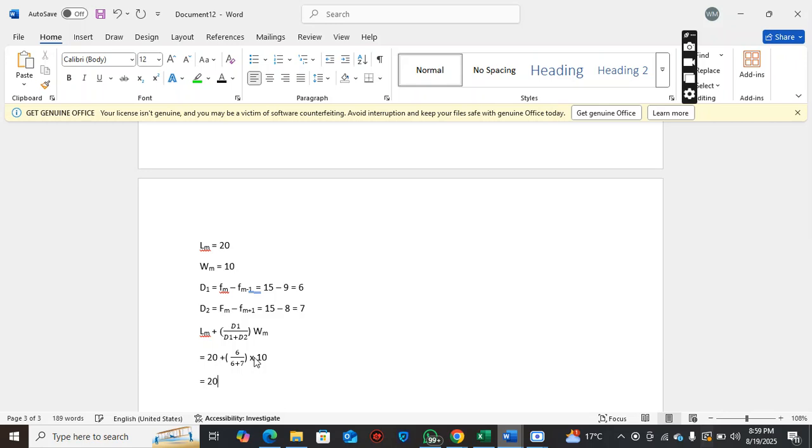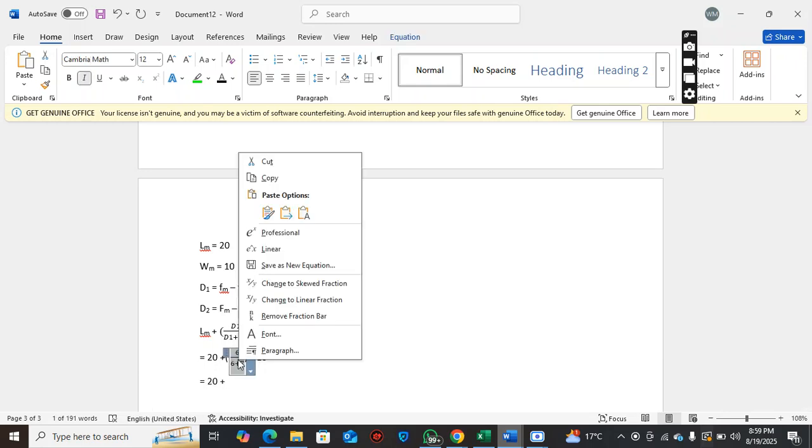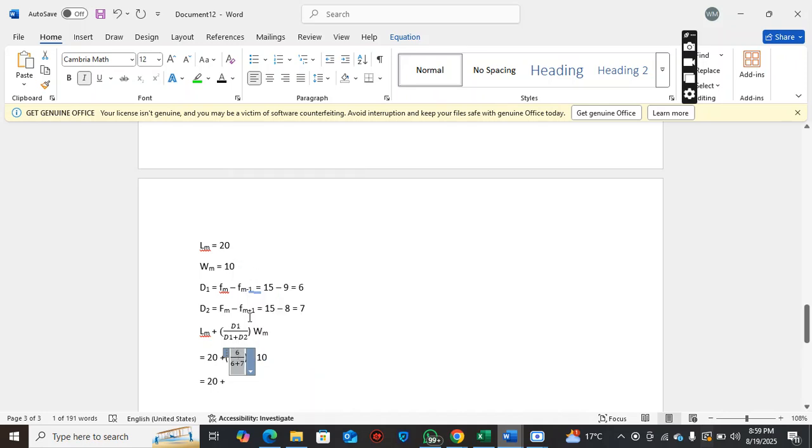So it's going to be 20 plus 6 over 13 multiplied by 10.